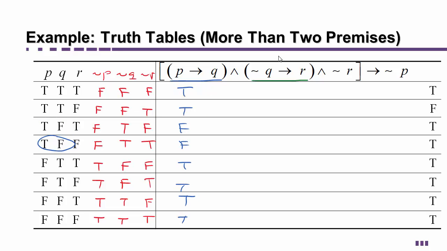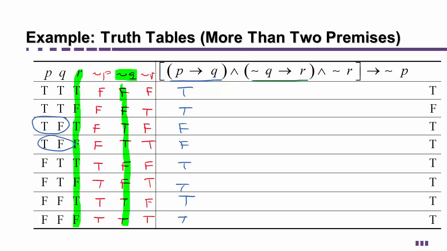Okay. Now let's do the second piece, the not Q implies R piece, which means we have to use not Q. So all this stuff, right, the not Q, and then implies R, so we're looking at R. We'll do that one in green.